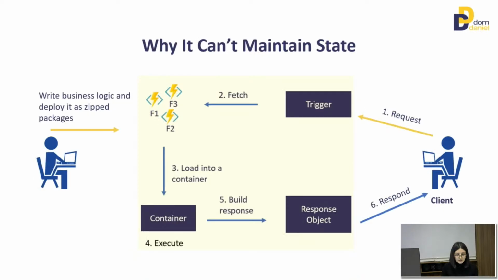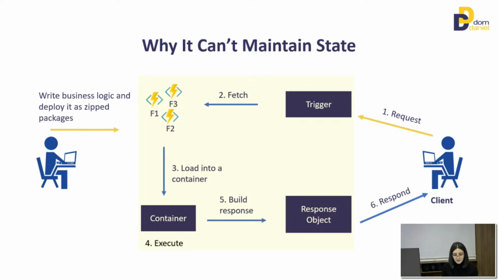So why can't it maintain the state? Here we have the client, who is going to trigger a function. We are just making a request to trigger a function. Then this trigger will automatically fetch the Azure function and load it into a container. Then the container will get executed and give a response back to the client.